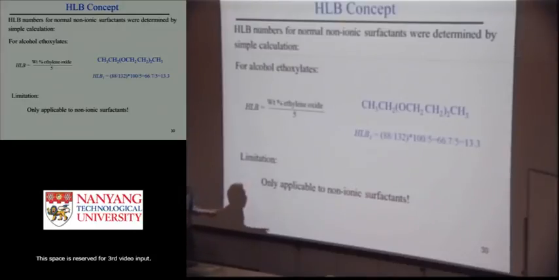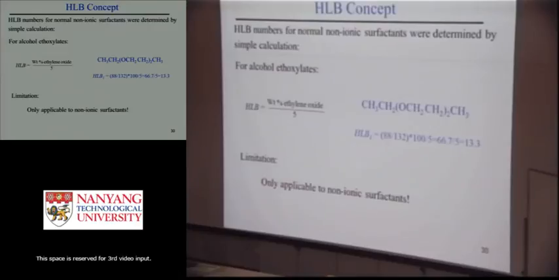The other part, CH3, CH2, and this CH3 group, is hydrophobic. So to calculate the HLB value, simply calculate the weight percentage of the ethoxy group in this molecule. Of course, there's some coefficient: multiply by 100%, divide by 5.